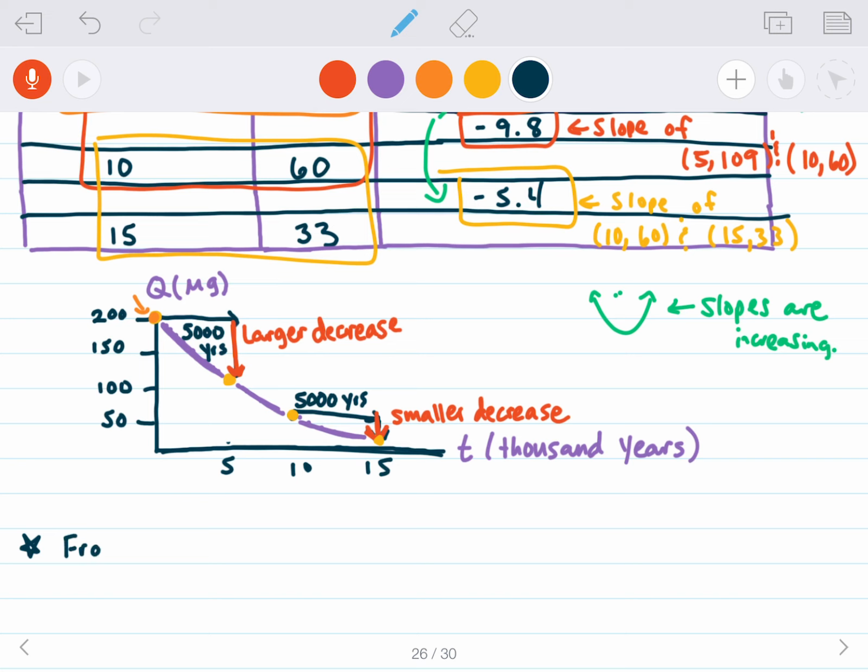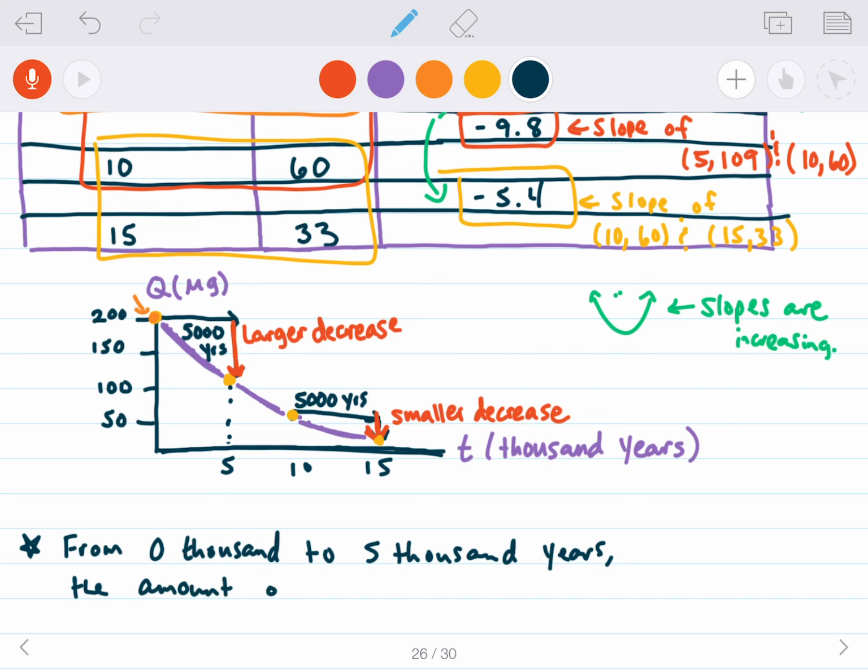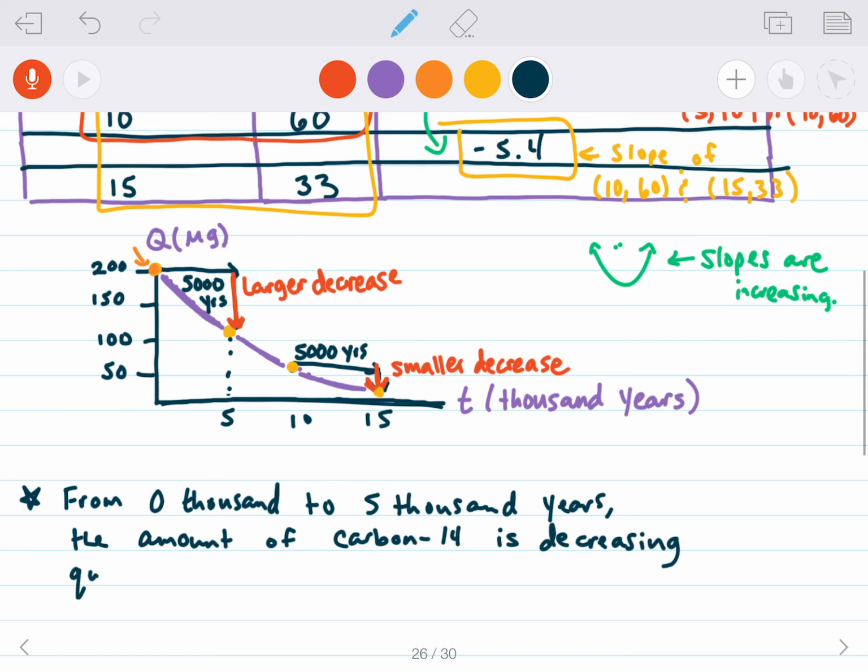From 0 years to 5,000 years, the amount of carbon-14 is decreasing quite quickly, whatever that means.